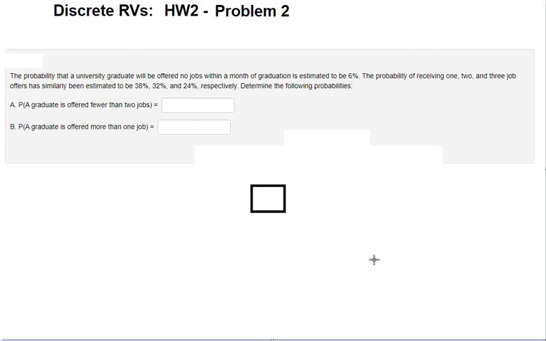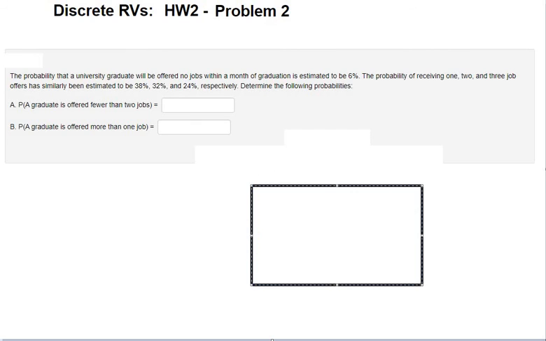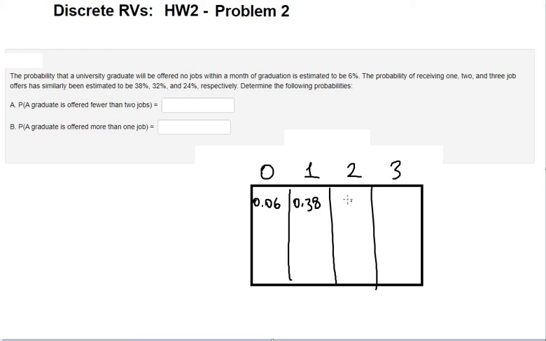In this table: 0 jobs offered is 6%, which is 0.06, 1 job offered is 38%, 2 jobs offered is 32%, and 3 jobs offered is 24%.